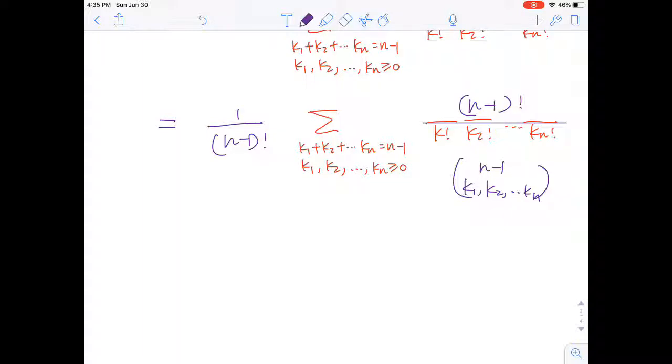Yeah, so what is this? Can you think of a combinatorial interpretation for this? I'll give you some time to think about it. You can pause the video and then I'll review the answer.